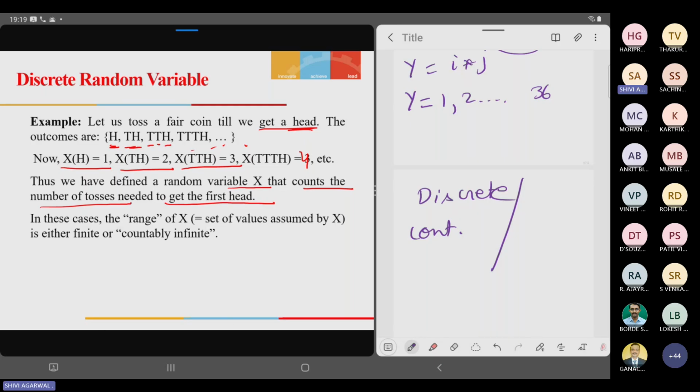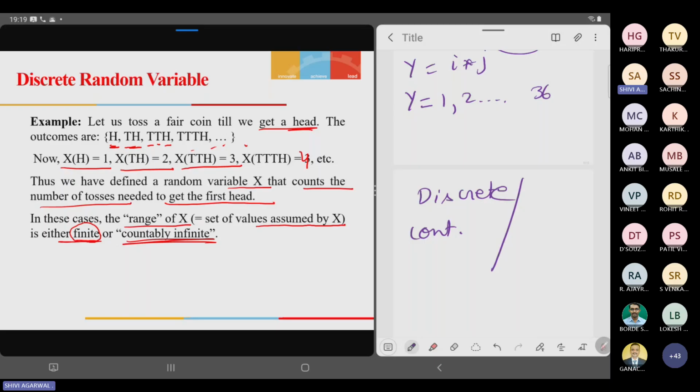In this case, what is the range of X? The set of values assumed by X is either finite or countably infinite. That set should be infinite, but it should be countable. We can go up to infinity, but we can stop somewhere else, so it is known as countably infinite.